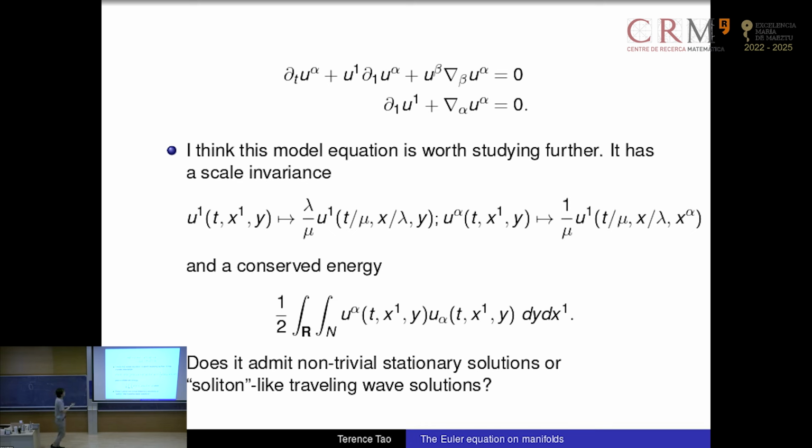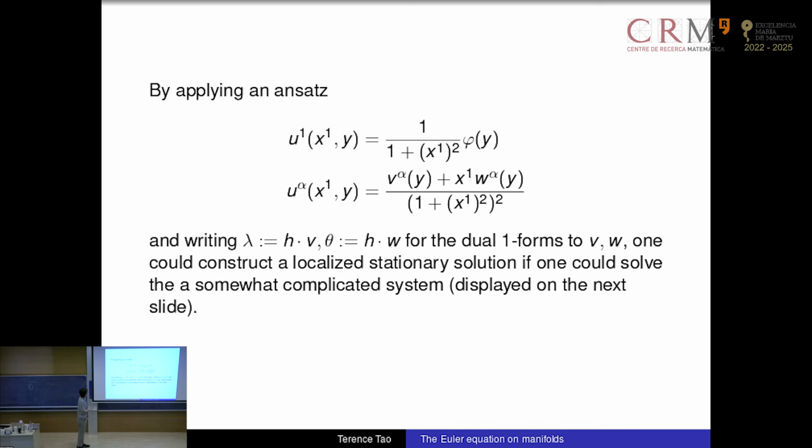But you can try separation of variables. So these are functions of the horizontal x1 and the vertical x. Try to separate, looking at the ansatz.